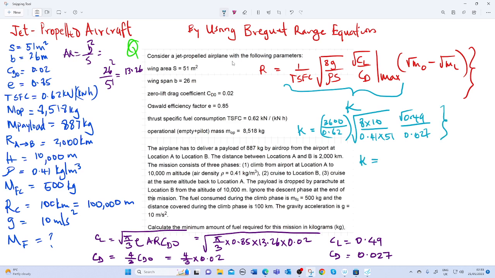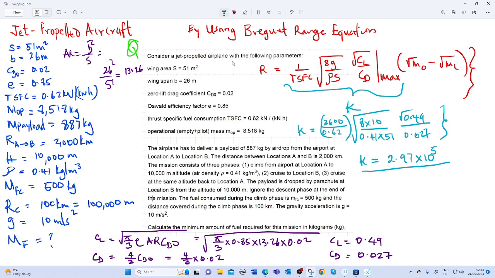Therefore, our K equals 2.97 times 10 raised to the power 5. That's our K, which is a constant in the Breguet equation.